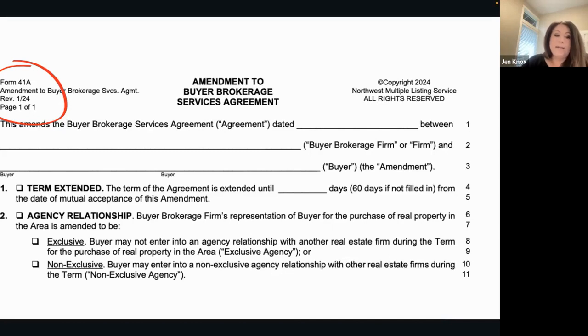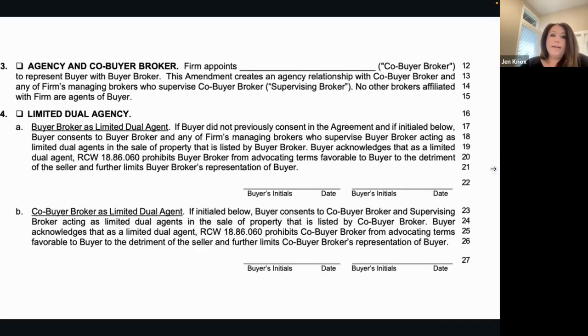Agency relationship, though, again, can be exclusive or non-exclusive. And then an agent who is brought on as a co-agent goes in paragraph 3, just like the John L. Scott one. You can, in the Northwest MLS, have a co-broker be a limited dual agent.